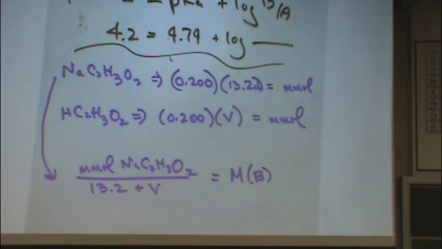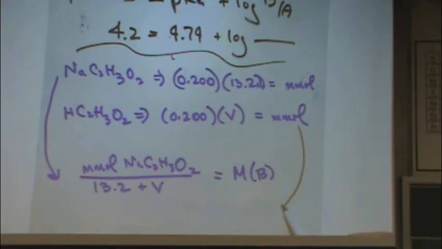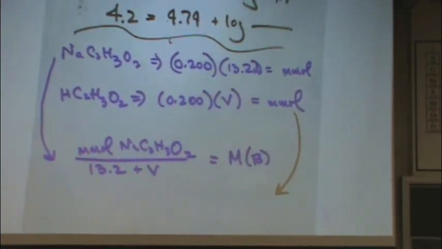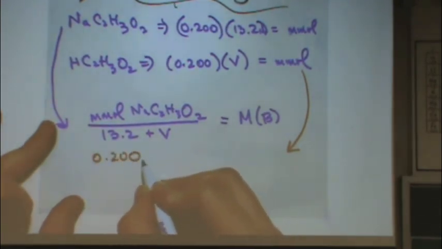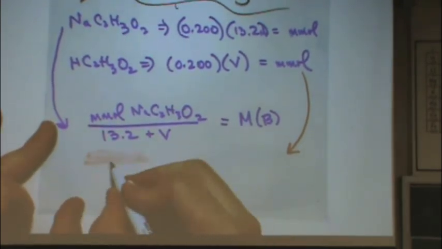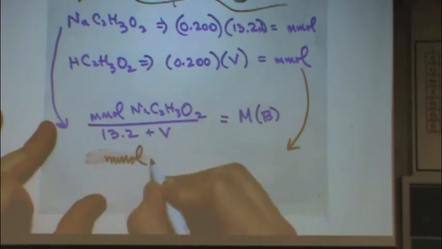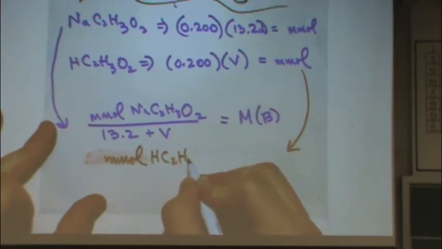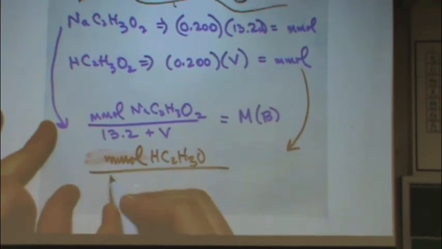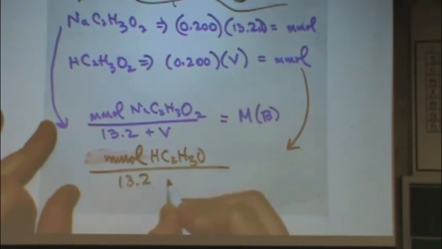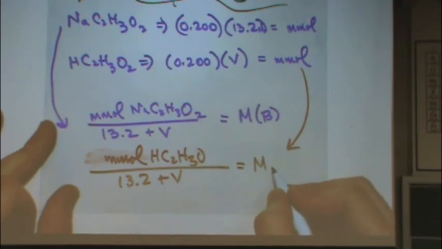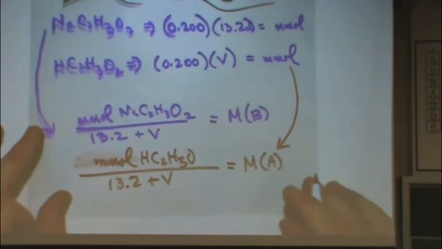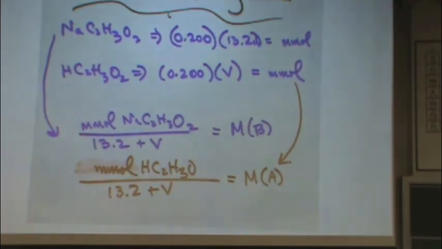For the bottom part, this one here is for the acid. The millimoles of acetic acid, which we just found, divided by 13.2 plus V. This will be the molarity for the A section. That's the denominator of my log.